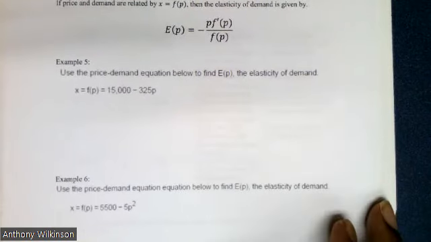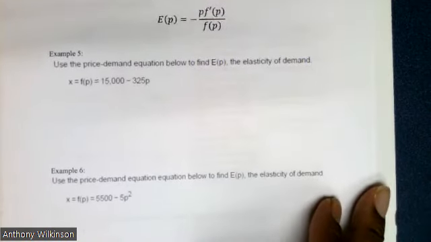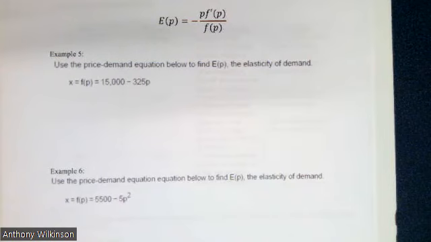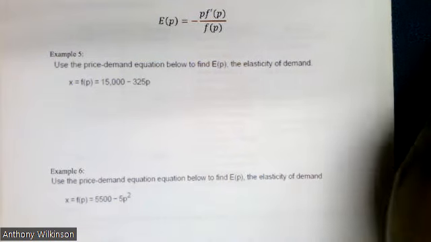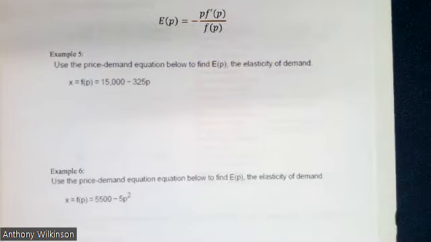In example 5, we got this. We're going to use the price demand equation below to find E of p, which represents the elasticity of demand. So in this case here, x is equal to f of p, which is equal to 15,000 minus 325p.